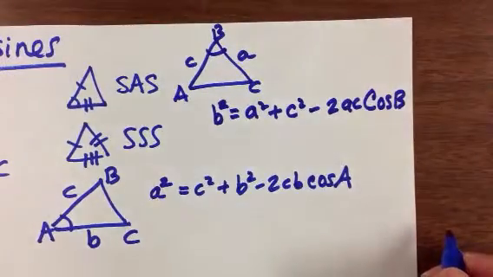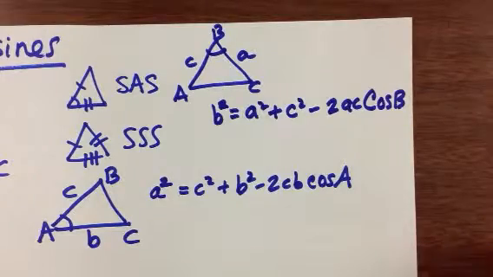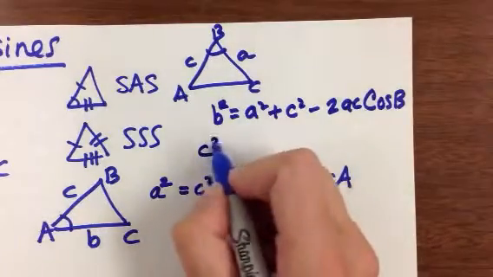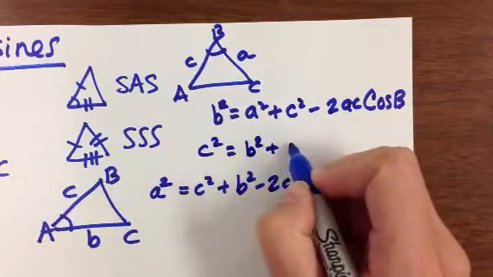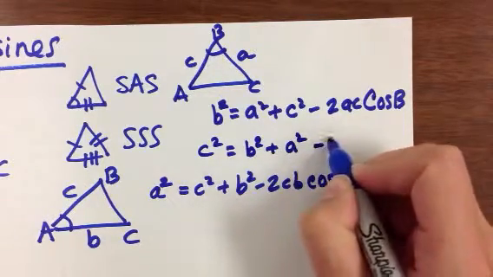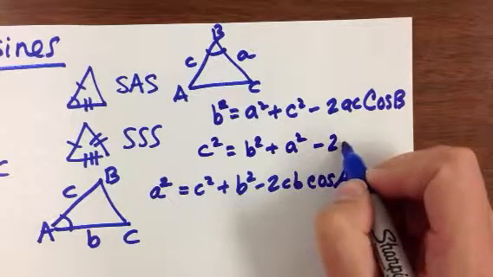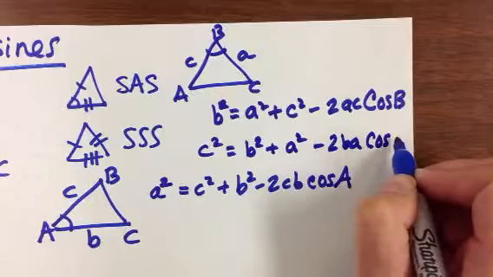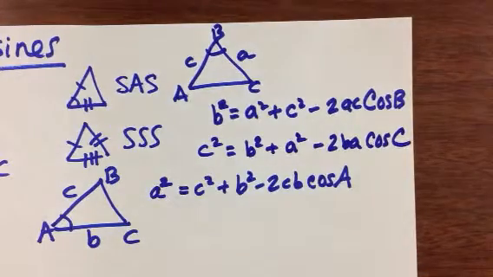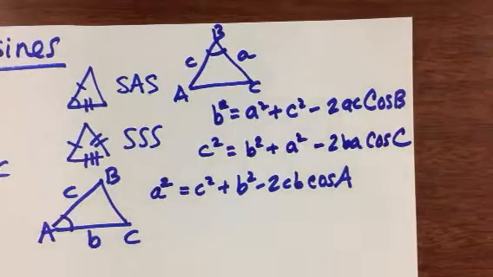Again, if I was solving for C, that means I would know the other two sides, B squared and A squared, and I would plug that in, and I would also have the included angle of C. Okay, so there is just a brief overview of the law of cosines.